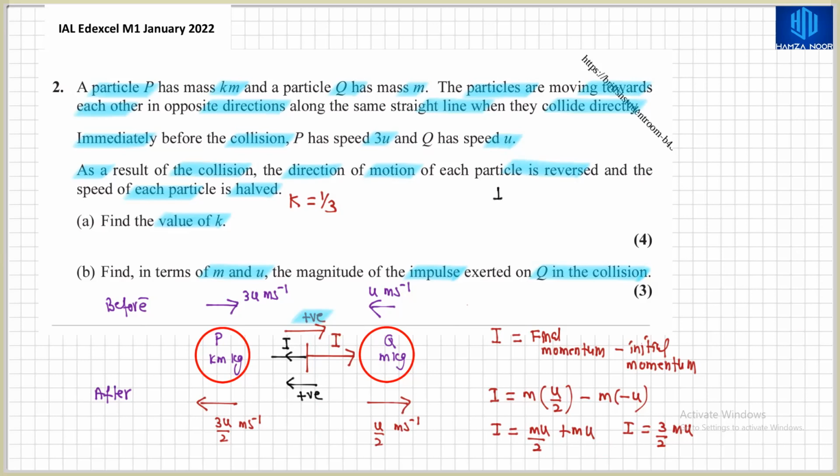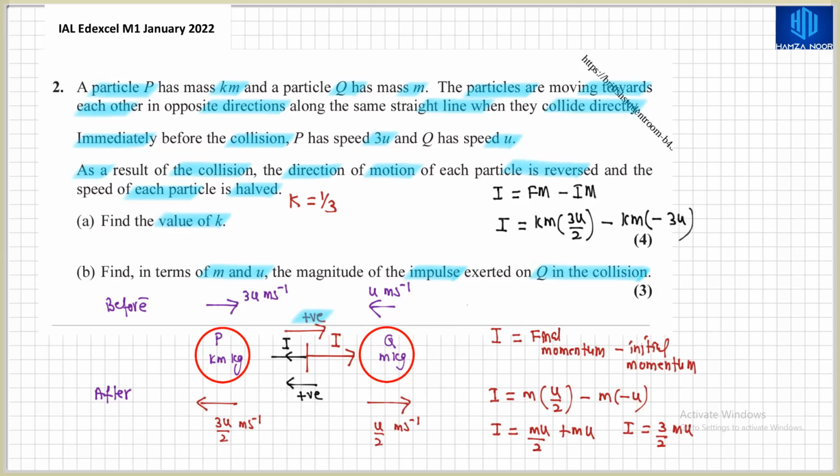Impulse is equal to final momentum minus initial momentum. Here our focus is completely on the particle P, and in this approach I'm taking the left hand side direction as positive. So impulse would be equal to km multiplied by 3u over 2 minus km multiplied by minus 3u.